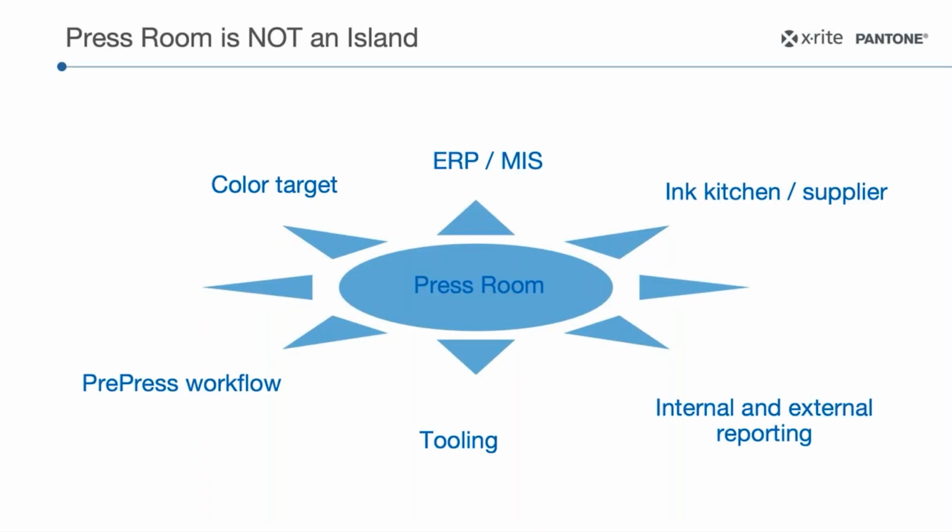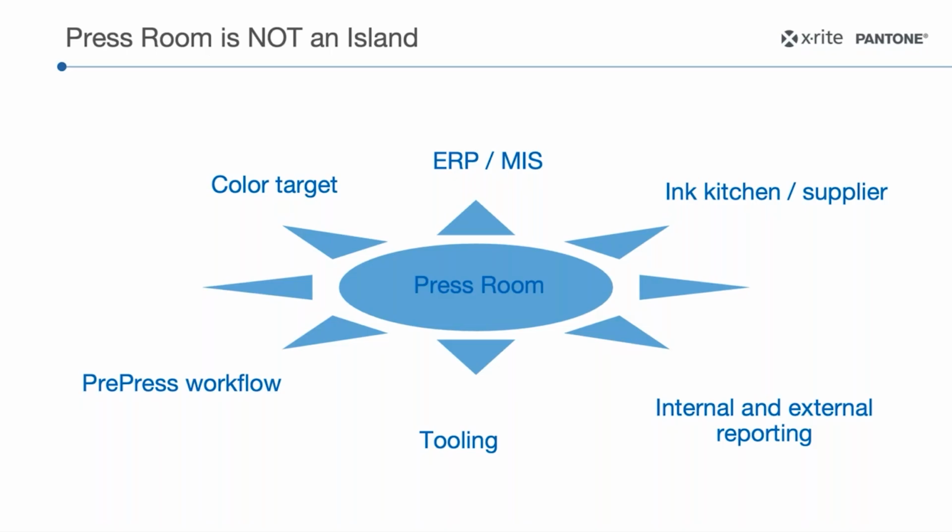Your press room is not an island. The press room is connected to your customers, where the color targets come from. You have maybe a pre-press workflow. You have an ERP system. You have an ink kitchen. You need to report out to some brand owners, maybe, or you have multiple press rooms in your group where you would like to exchange information and data.